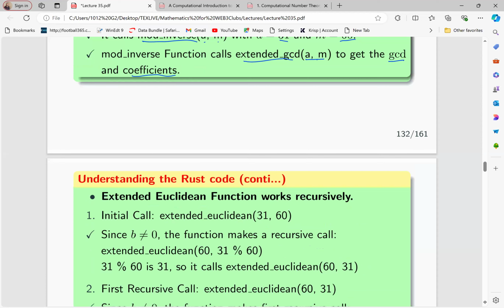The initial call calls the extended Euclidean with 31, 60. Let me just take you back to the code so that as we move, you know what we are saying.